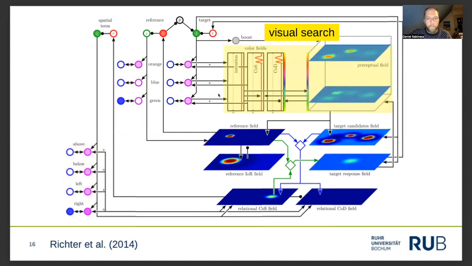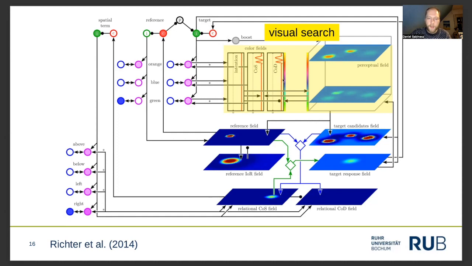And yeah, there are various components to this architecture, some of which you're already familiar with, hopefully. So the visual search mechanism is like a simplified version of what you have seen already. There's a perceptual field defined over two spatial dimensions and a color dimension. And that field can be used to find objects.